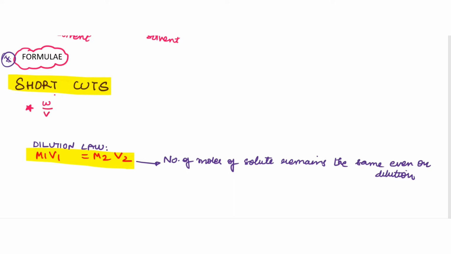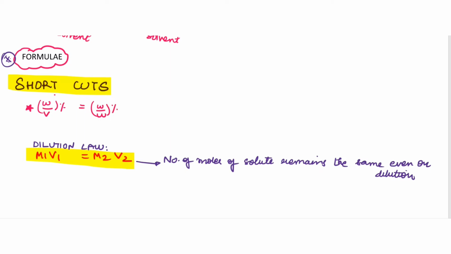What is the relation between weight by volume percentage and weight by weight percentage? How will you convert? We know the definition of weight by weight percentage, which we've already seen. So what is weight by volume percentage? Weight by volume percentage is nothing but weight of the solute by volume of the solution into 100. Always remember the denominator is always the quantity relating to the solution, except that of molality. There it is weight of the solvent in kgs. Remember that.